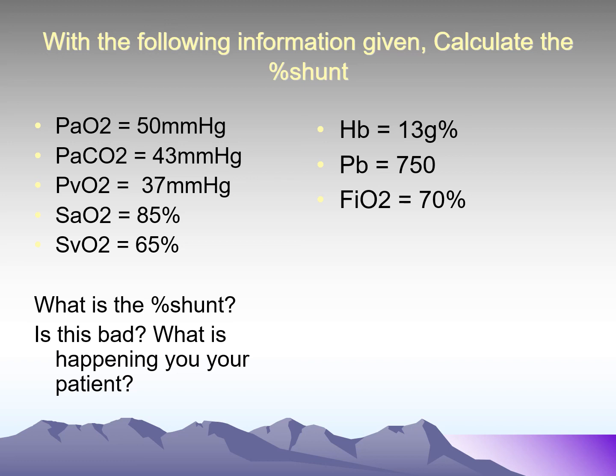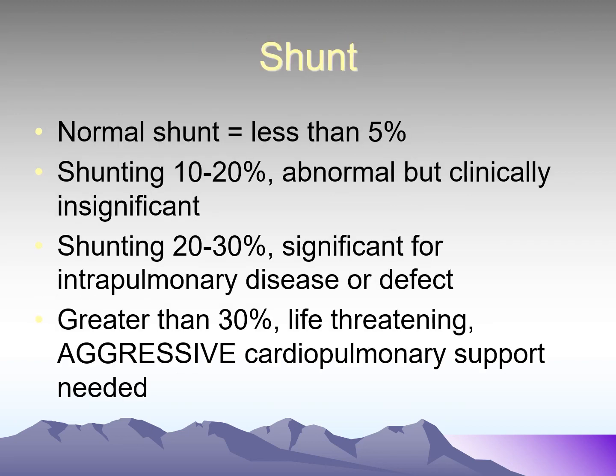Is this bad? Yes, it is very bad. You should be getting less than 30%. Anything greater than 30% is bad. Okay, so moving on to the next. Normal really should be less than 5.